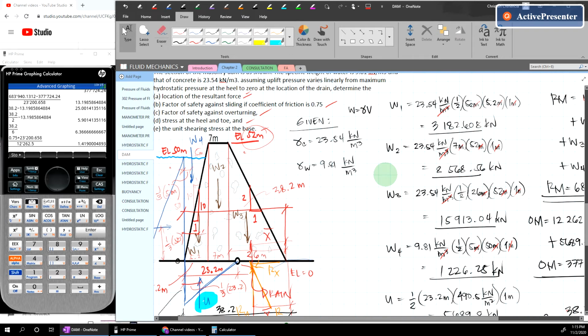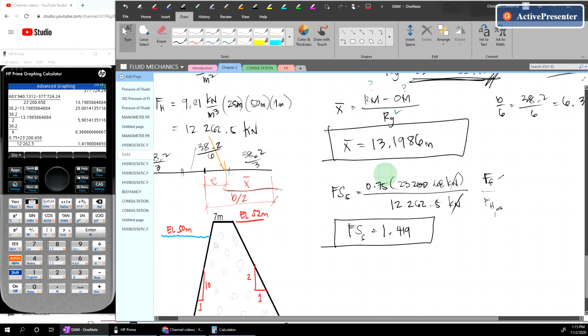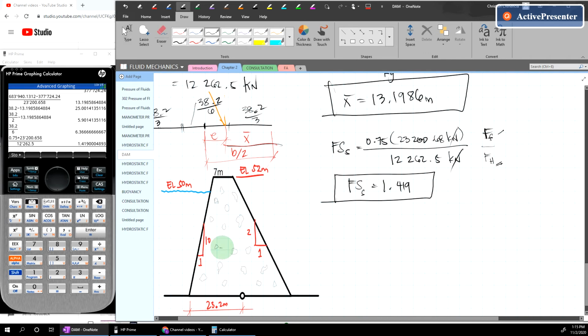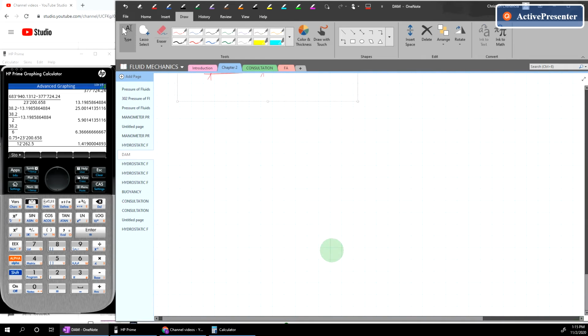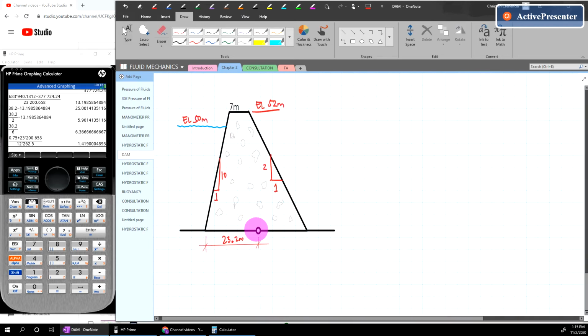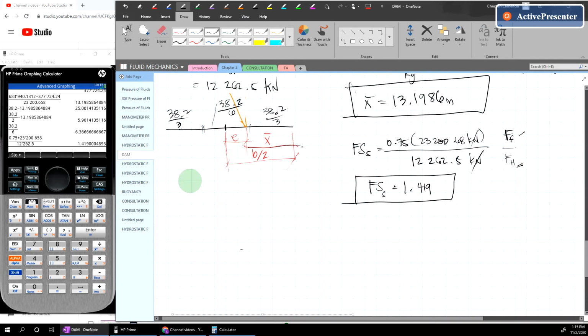Okay, so next for letter C, so factor of safety against overturning. Okay. So, ibaba ko lang muna tong pang figure natin. So, factor of safety against overturning.